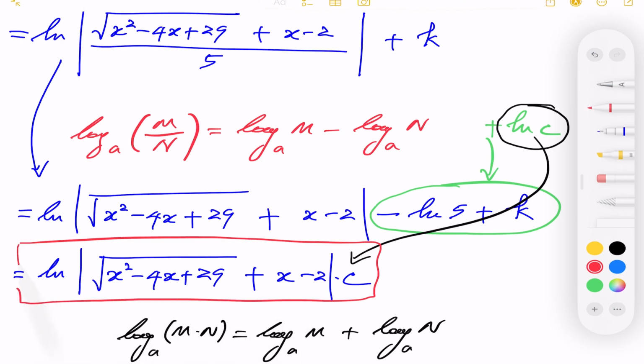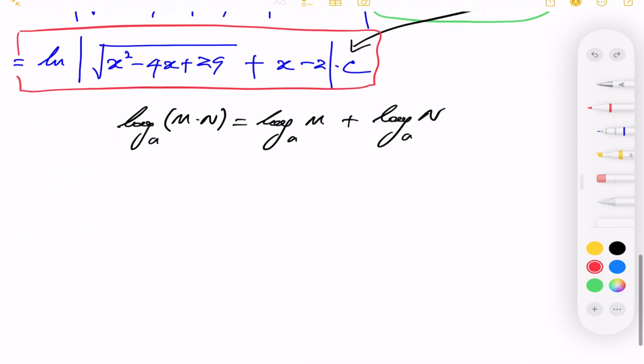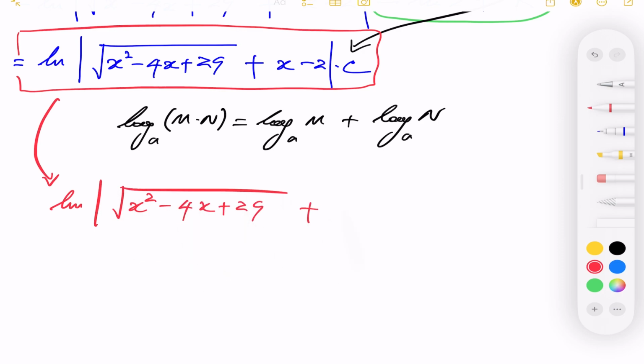Natural logarithm, absolute signs, square root of x squared minus 4x plus 29 plus x minus 2, close absolute signs, times c. In case you do not like to keep the answer that way, feel free to keep your answer also as natural logarithm, absolute signs, square root of x squared minus 4x plus 29 plus x minus 2, close absolute signs, and then plus your arbitrary constant.